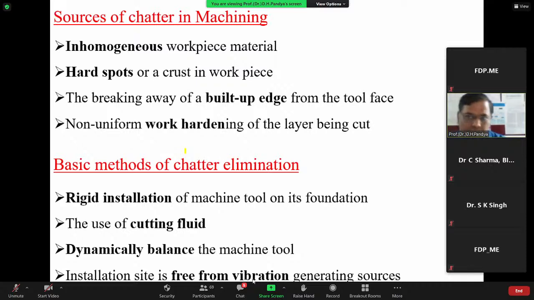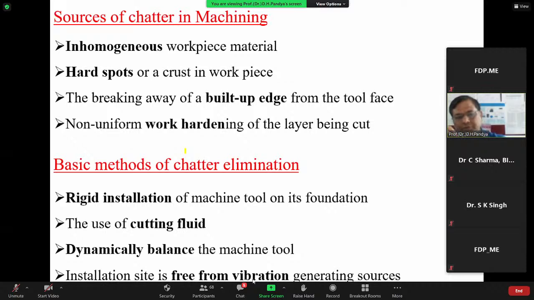So one cannot say there is a basic method of chatter elimination. There is no specific one. Yes, there are effective chatter reduction methods, but they cannot claim 100% chatter reduction. So what are the pre-installations? I have to say it is the basic method of vibration control rather than chatter elimination, right?